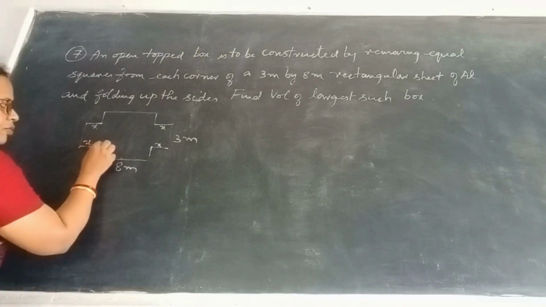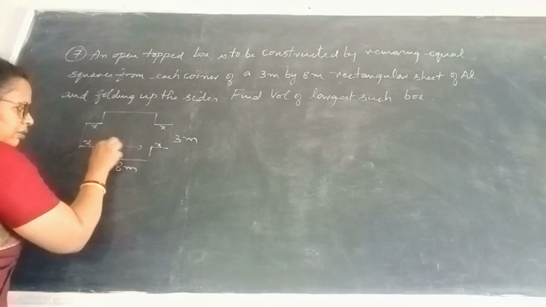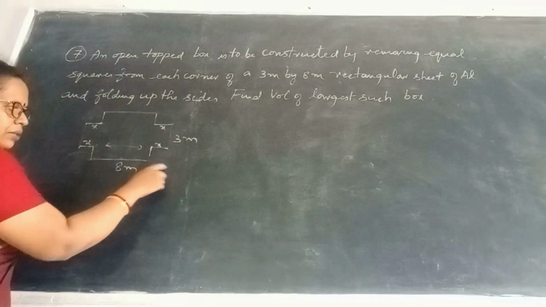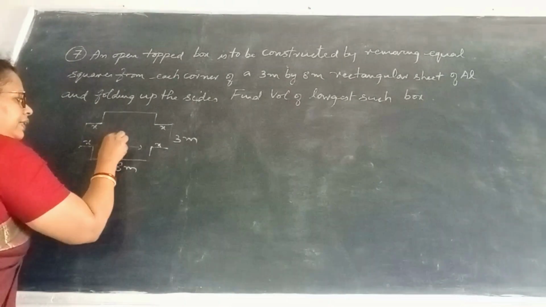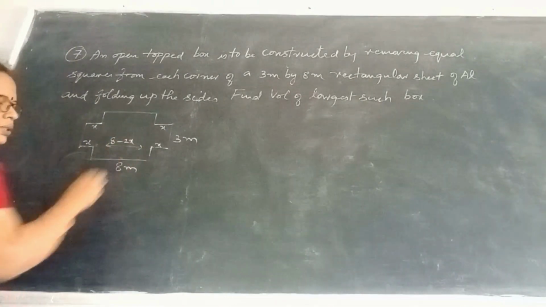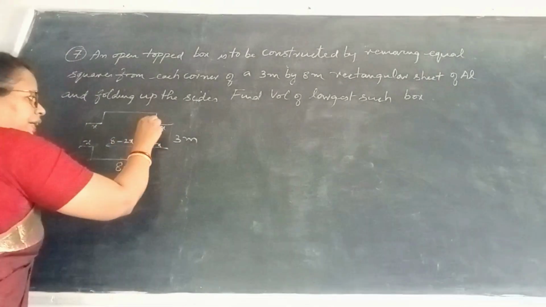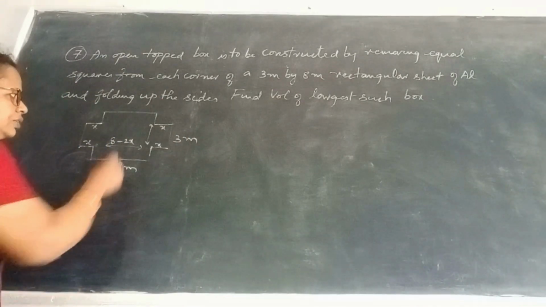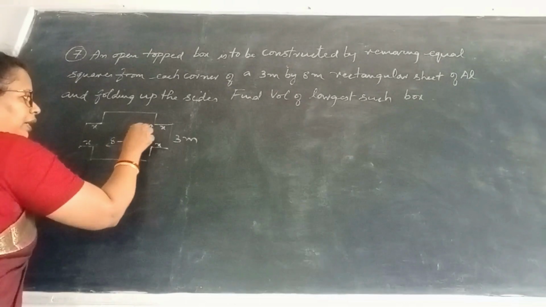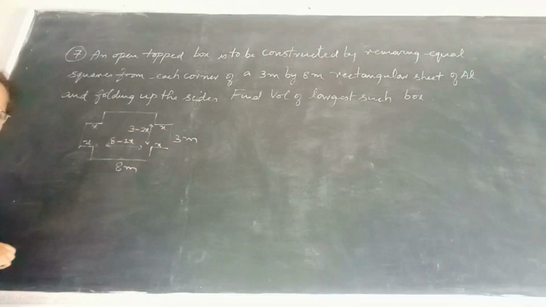So what is the length of the box? Total 8 meter, from that x and x are cut off, so length is 8 minus 2x. Now what is the breadth? From 3, x and x are cut off, so breadth is 3 minus 2x.